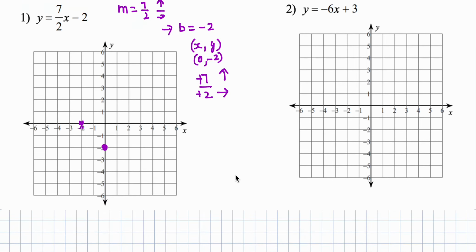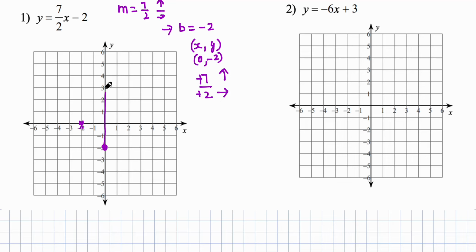So let's move 7 up. Follow the laser: 1, 2, 3, 4, 5, 6 and 7. Then move 2 right. 1 and 2. So this is the path we are taking.